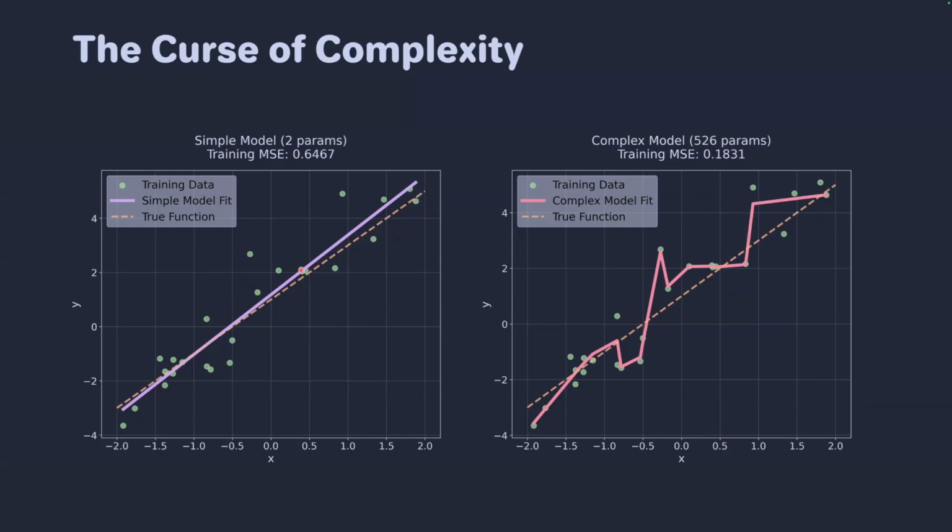With a model with only two parameters, we can get this straight line, which is very close to the actual true function of the data. But we can also build a model with 526 parameters, which seems a bigger number compared to two parameters. But in the universe of deep learning, 500 parameters is a really tiny model, not even small. It's a tiny model.